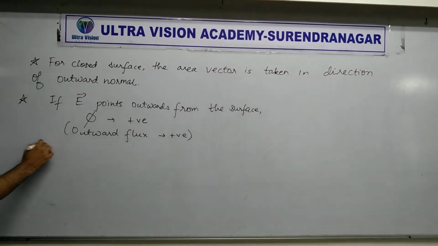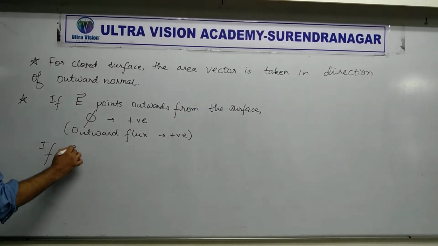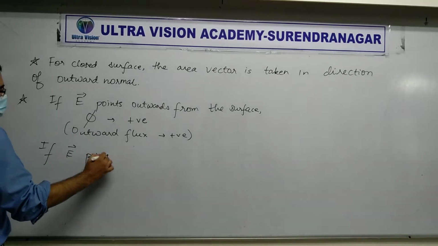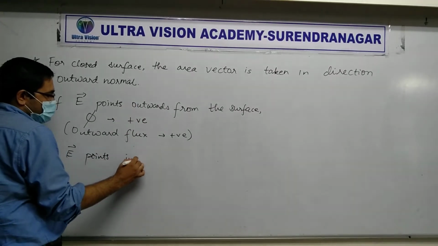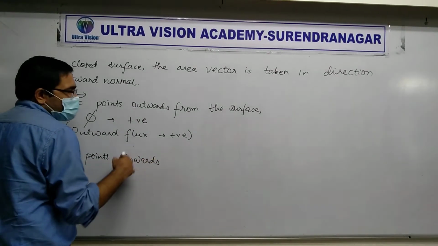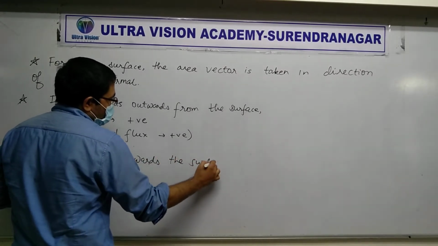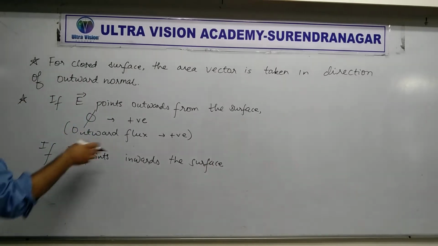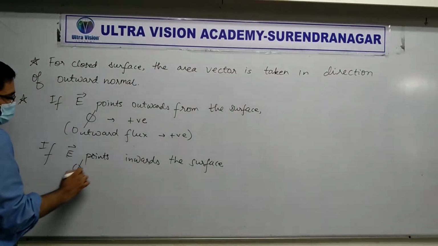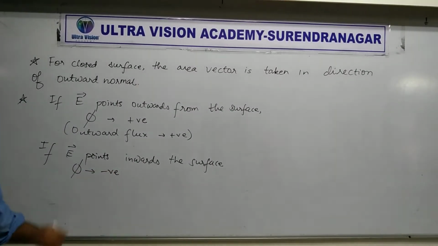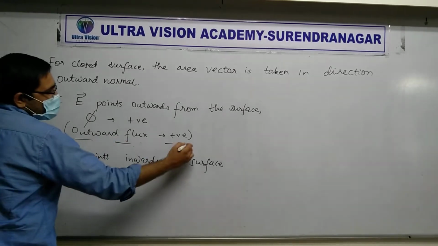And opposite of this, if electric field points inwards to the surface, or into the surface, let me say that the flux is negative. In short, inward flux is considered negative.